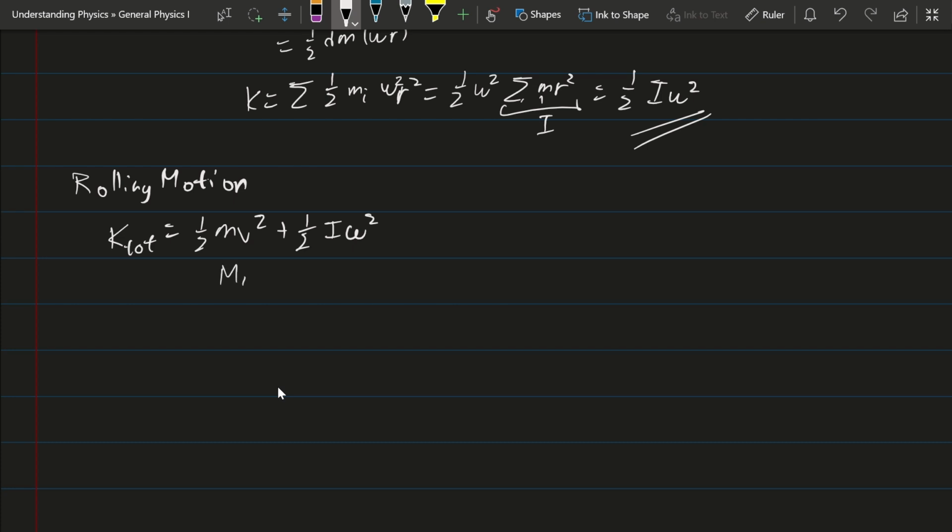So without slipping, this would mean that the v is the omega r. This is one of the facts that we use if we are dealing with a rolling motion that doesn't involve slipping.